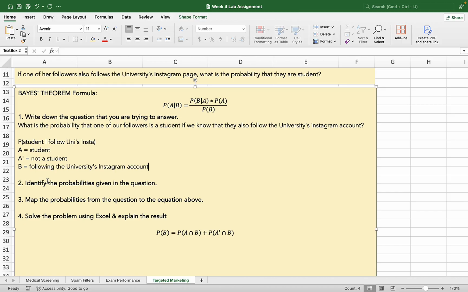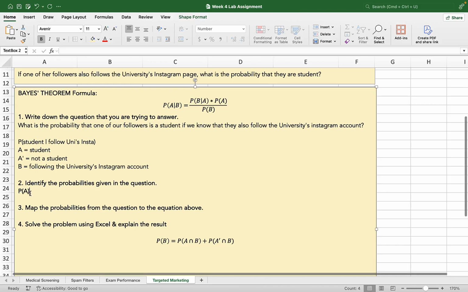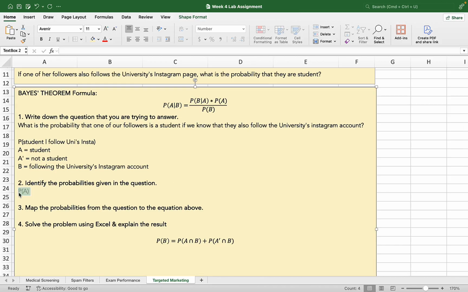All right. So now we can identify the probabilities given in this question, and we can map it out given the equation. So we're given the probability of A, the probability that somebody is a student, and that is 20%. 20% of our followers are students.